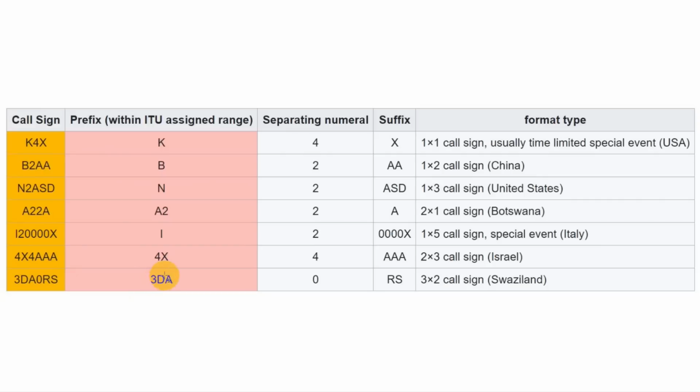The 3DA is the ITU assigned prefix, and the 0 is the separating numeral, and the RS is the suffix, and this is in Swaziland, which again, the way those various countries were set up in South Africa has changed a fair amount since World War II.